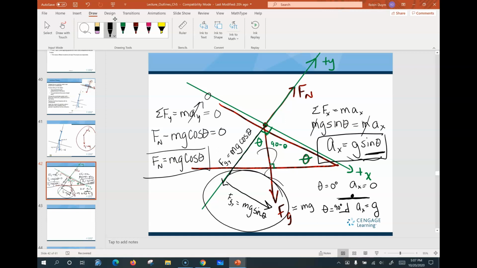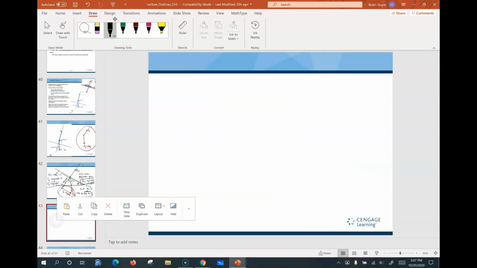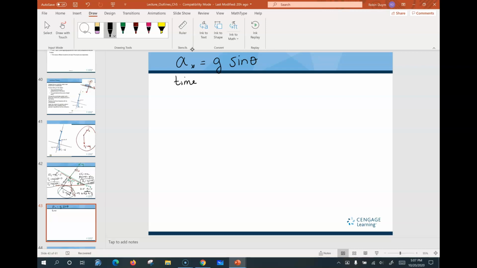We can then take this another step further. We found that a is equal to g sine theta. We could ask you questions such as, how long does it take to reach the bottom?